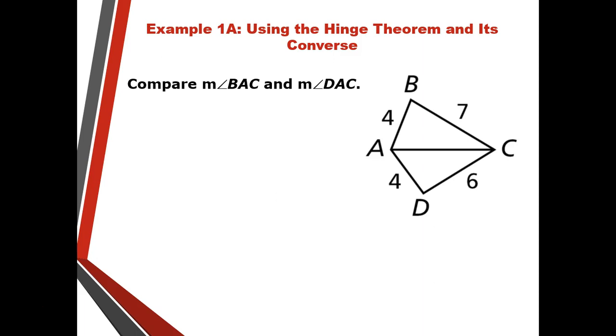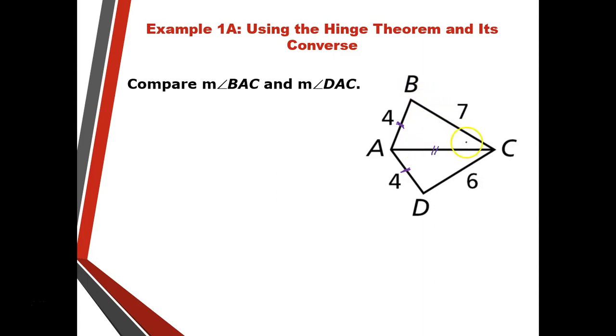So let's do a few exercises on these hinge theorems and its converse. First, we're going to compare the measure of angle BAC and the measure of DAC to each other. So the hinge theorem goes like this. We have two triangles here. This segment and this segment are congruent, and we know AC is congruent to itself.